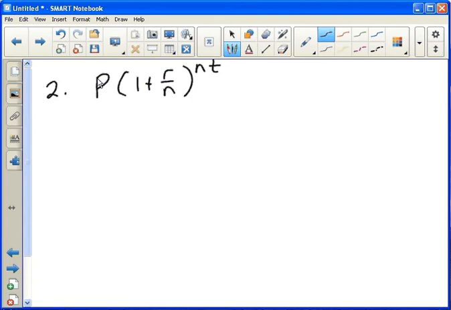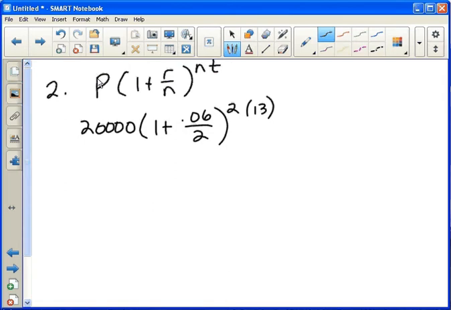The PERT equation is only for compounded continuously. So I put 20,000 in for P. My interest rate is 0.06. Semi-annually means twice a year, so 2 goes in for both ends. And T is time, that's 13 years. If you plug all that into your calculator, you should get $43,131.83.